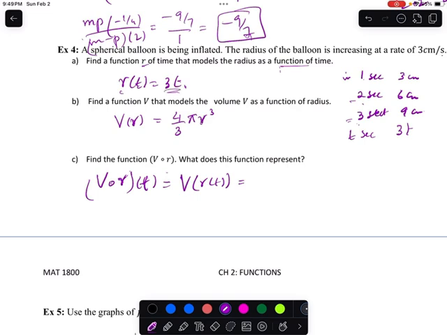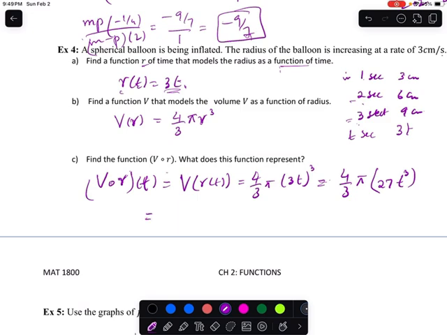So 4/3 pi into 3t whole cubed. The cube of 3 is 27, cube of t is t cubed.